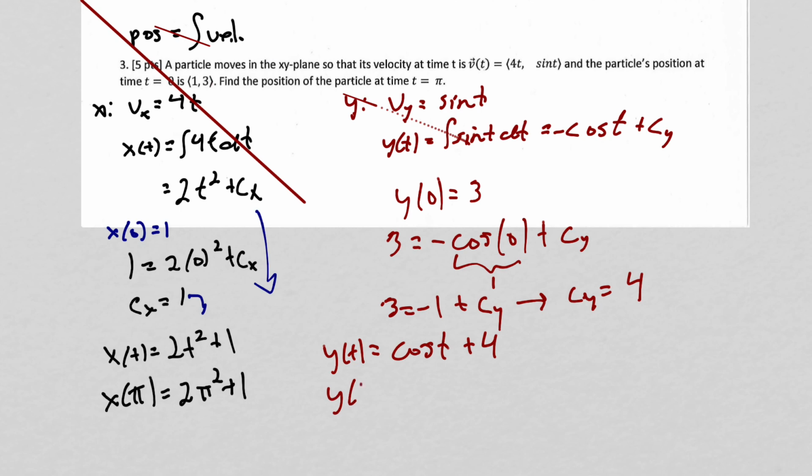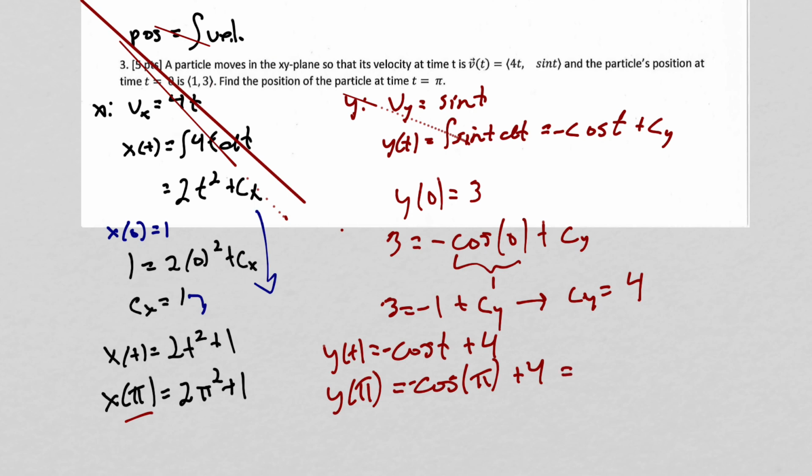Now I'm looking for y of pi, just like I did over in the x's right here. And that is equal to negative cosine of pi plus 4. I dropped a negative. You know, that happens to the best of us. Remember that negative right here? I need to carry that here and here.